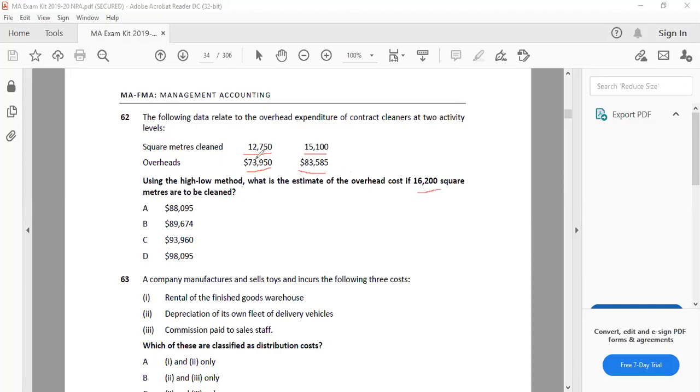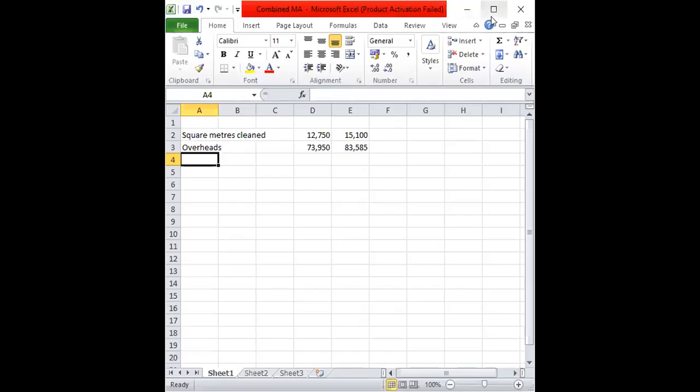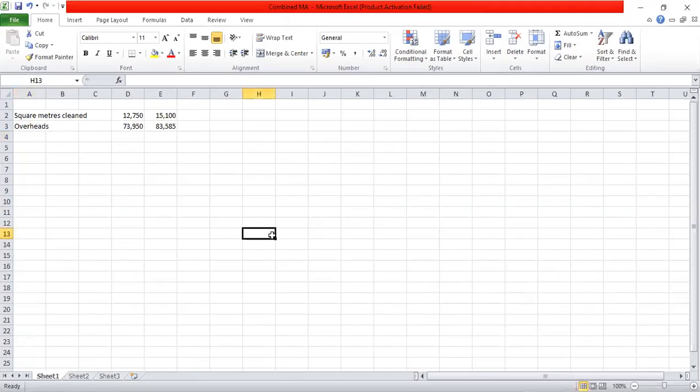So I just copied the data. You understood, no? Using the high-low method, what is the estimated cost? So let me put you to the Excel sheet. We will work out the question in the Excel sheet. There are two different activity levels given. One is a high level, which is 15,100 meters cleaned.